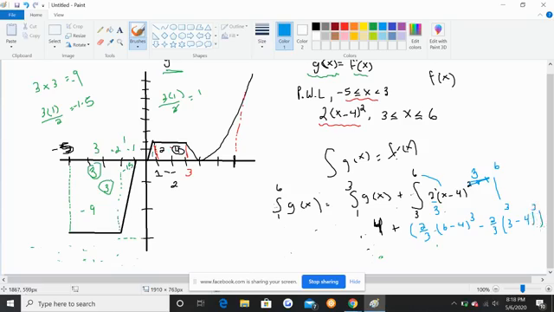Once we evaluate this, 6 minus 4 is equal to 2, right? 2 to the third power is 8. Make sure you know that.